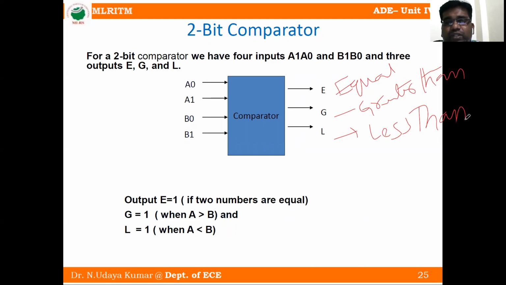So for a 2-bit comparator, we have 4 inputs A1, A0, B1 and B0, and 3 outputs.